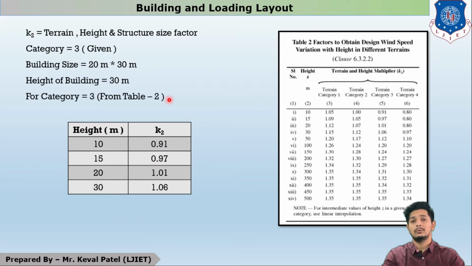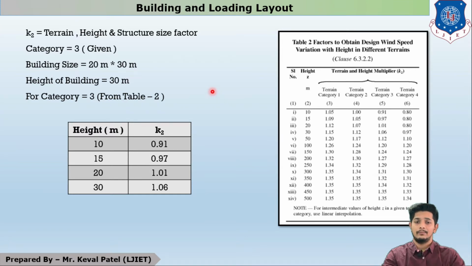After that, K2, there is a table given in table number 2 in IS code as shown in the figure, and from that I have taken the values for 10, 15, 20 and 30. Here my building height is up to 30 meters, so I have taken the values like this. Otherwise you can take more of that also.